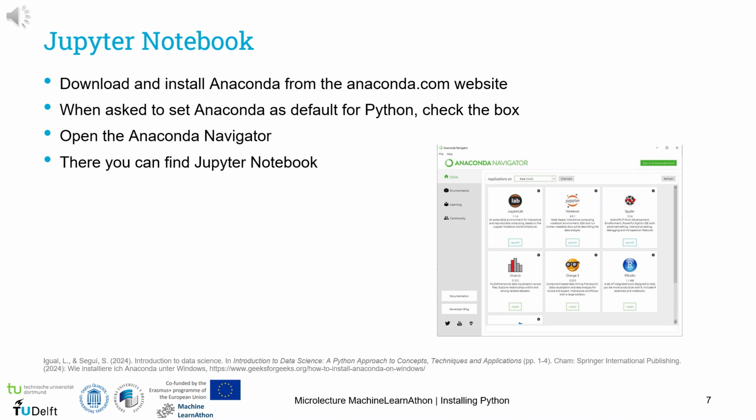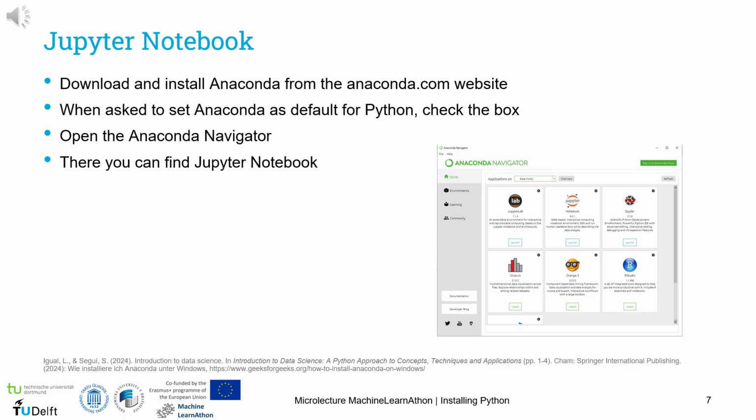If you decide to apply Python with the Jupyter Notebook, then install the software Anaconda from the official anaconda.com website. Within the installation process, the computer asks you to set Anaconda as default for Python. So please check that box.